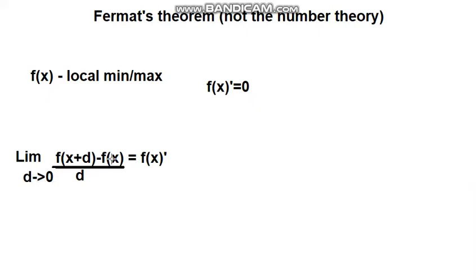So f(x) is a local extreme point, minimum or maximum, we know just both cases, right? So then every point x plus d or x minus d, independent of the sign, is strictly less or strictly bigger than f(x), right? And only the sign changes. The numerator sign doesn't change, only the denominator.